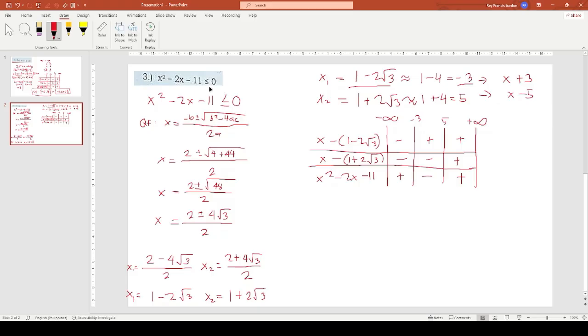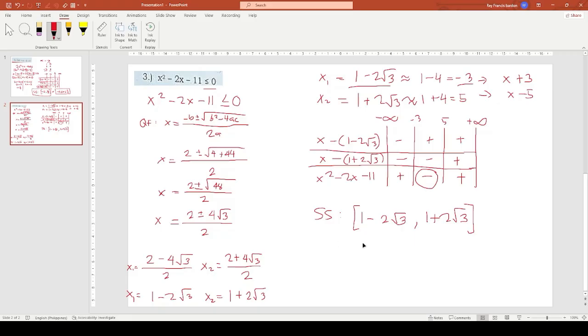So we want less than or equal to 0, so we'll choose this one, kung saan siya negative. Kasi less than or equal to 0. So therefore, our solution is from 1 minus 2 square root of 3, that's our negative number, to 1 plus 2 square root of 3. Since this is less than or equal to, we'll use the bracket here.